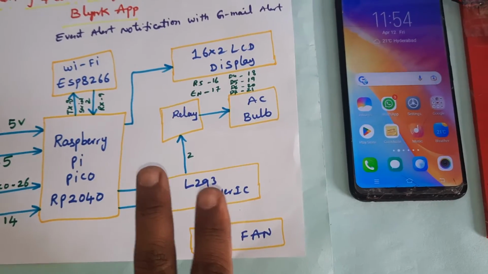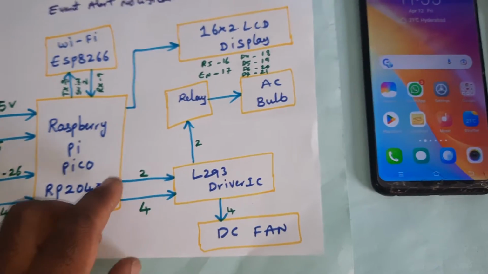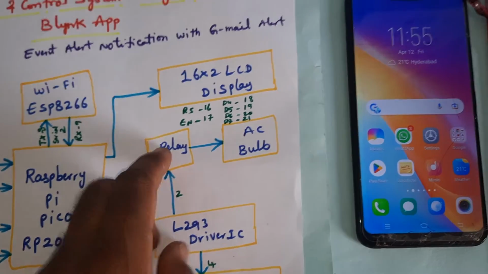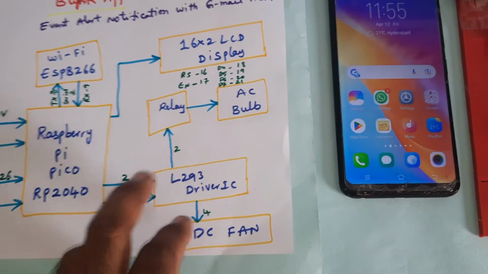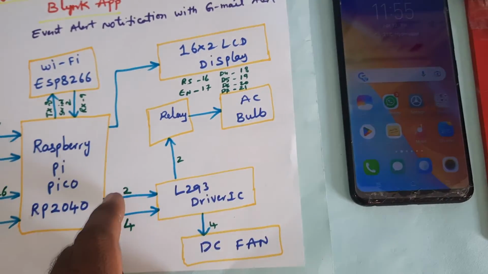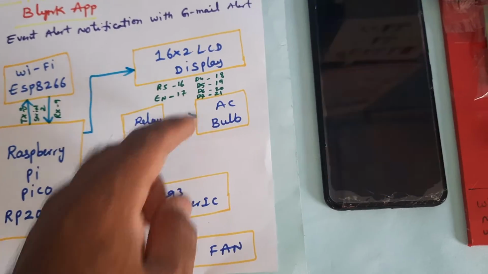There are two buttons on the BLYNK app to control the AC bulb and the DC fan. Those are connected to the relay, an SPDT relay, and one AC bulb and one small DC motor. Those operate with 5 volts, that's why we are giving it to the L293D to drive the AC bulb as well as the DC fan.